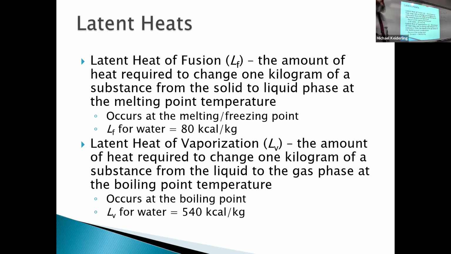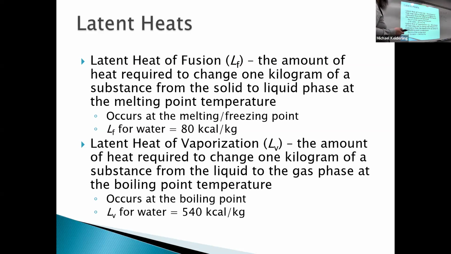The latent heat of vaporization is the heat required to convert something from a liquid to a gas. For water, the amount of heat required to change 1 kilogram of a substance from the liquid to the gas phase at the boiling point temperature, the latent heat of vaporization for water, is 540 kilocalories per kilogram.